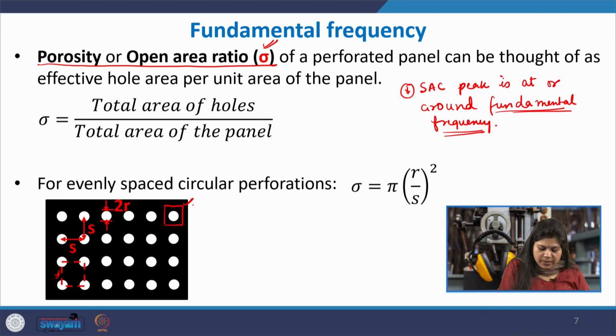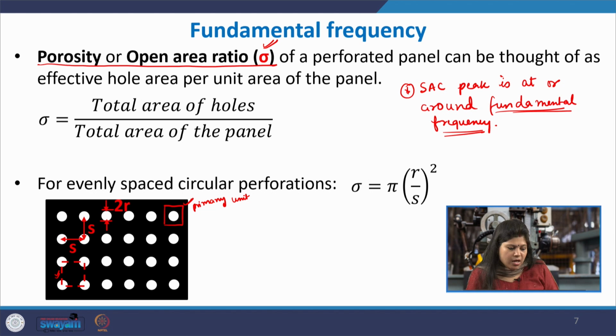This is the primary unit which is getting repeated to make a large perforated panel. So, if we observe just this primary unit which is making up this panel, either this one or this one, and find out its porosity, then we would be able to define the porosity for a large sheet of perforated panel.